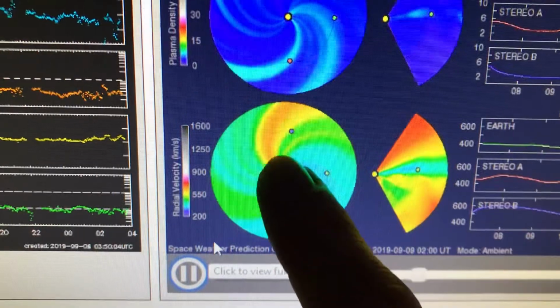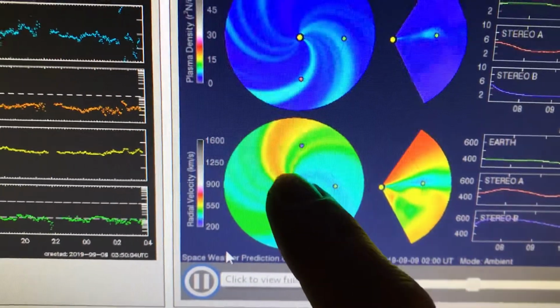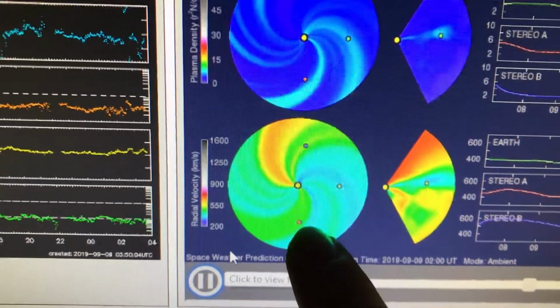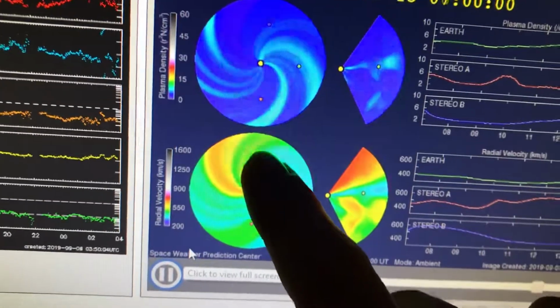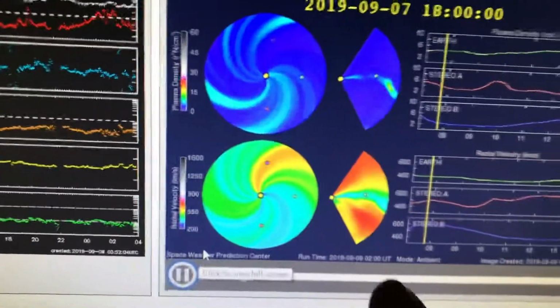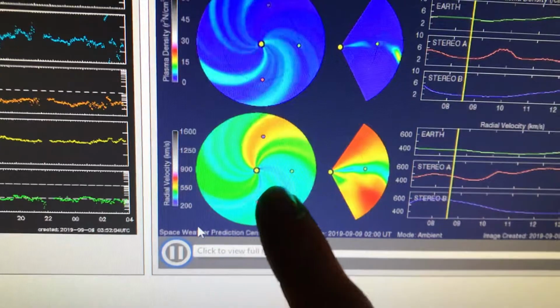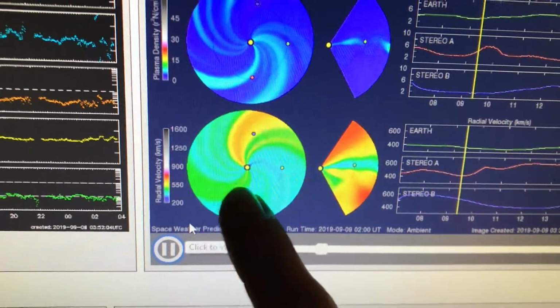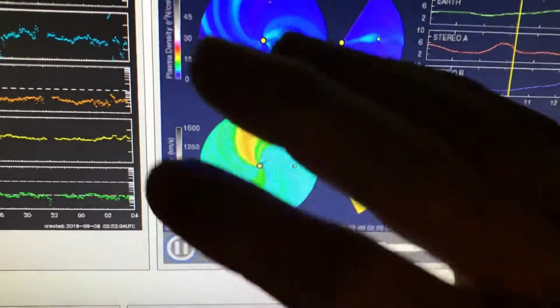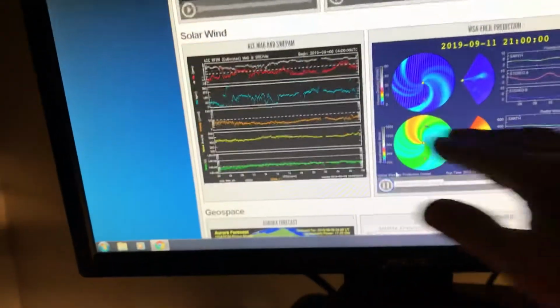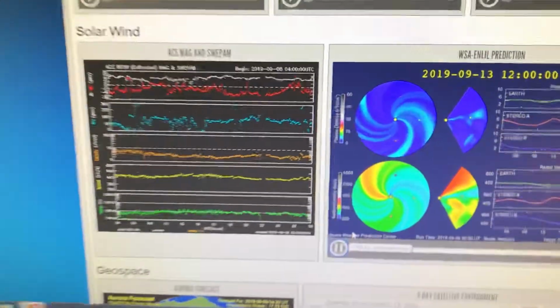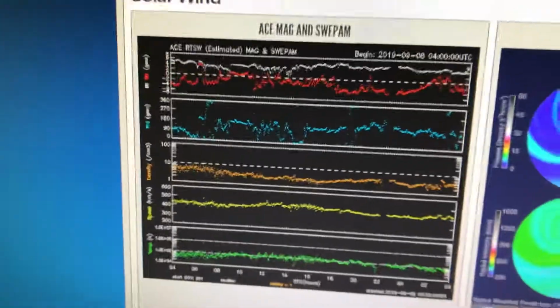Here we're looking down at the north pole of the sun. This is Earth. These are two satellites ahead and behind, basically STEREO A and B. But this is how the sun's energy rotates around and comes to us. But just imagine flipping it on its side, and this would be on the ecliptic plane, but they just have it turned so we can look at it from above. And that's how the energy hits us.